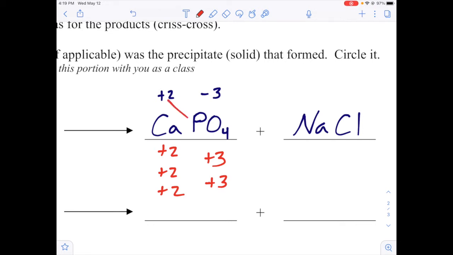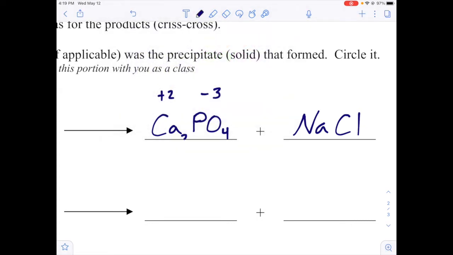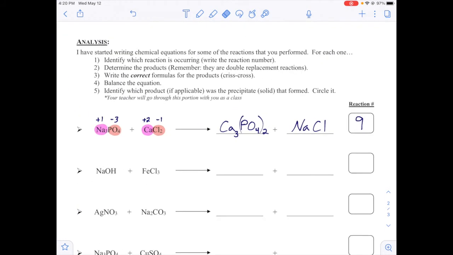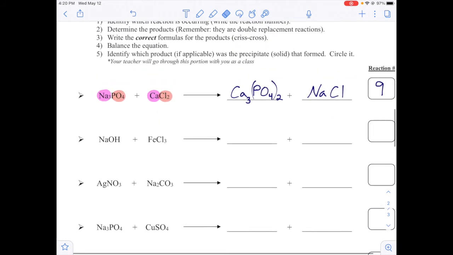Or maybe you learned the crisscross method. Either way, it brings you to a compound that's going to have 3 calciums and 2 phosphates. And remember, we always erase the charges. The charges do not exist on compounds. Okay, so that's step 3 here, writing the correct formulas.